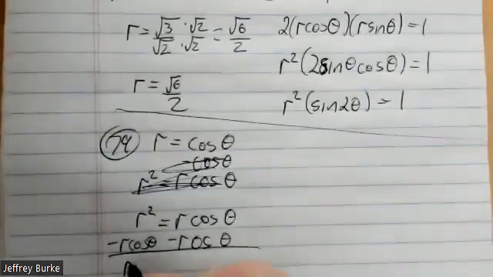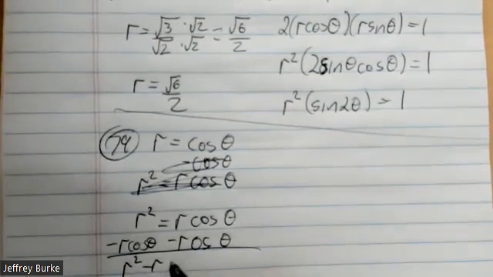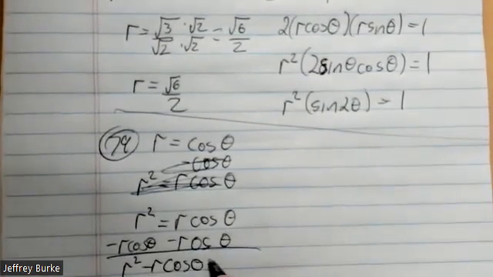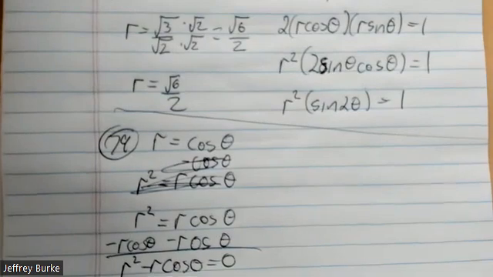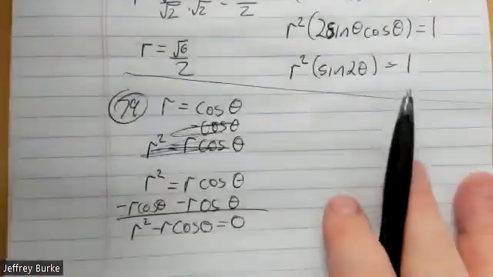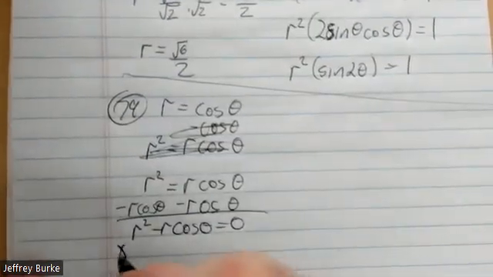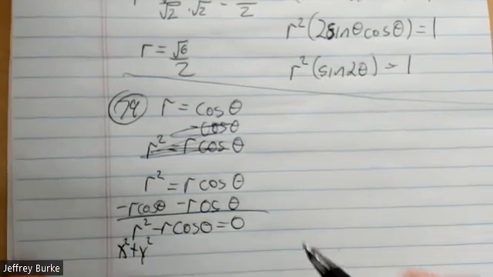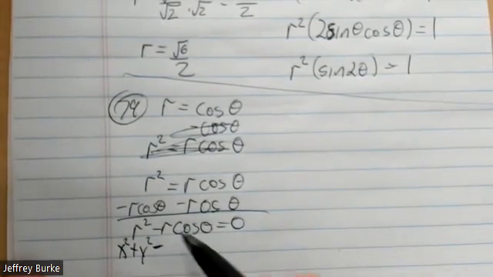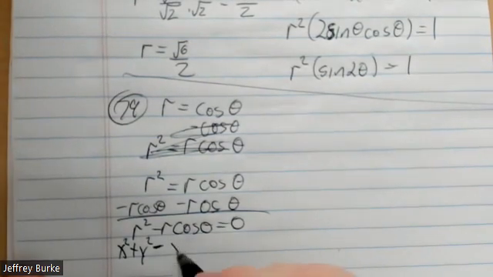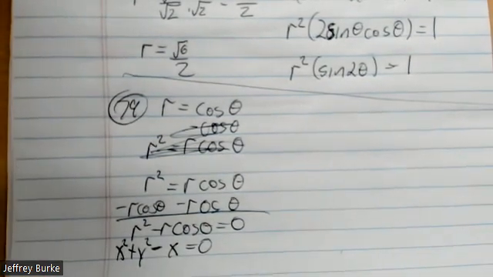This gives me r squared minus r cosine theta equals 0. Well, what's r squared equal to? That's equal to x squared plus y squared, minus what's r cosine theta equal to? x, equals 0. Done.